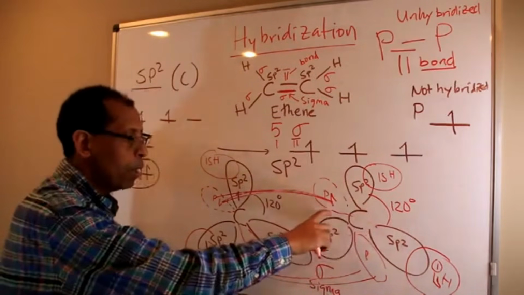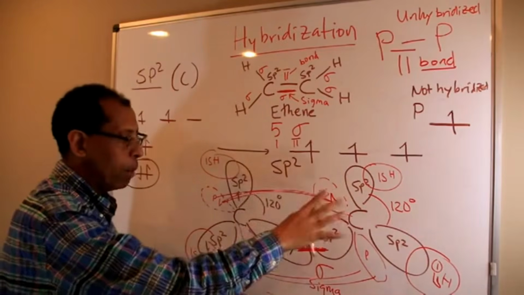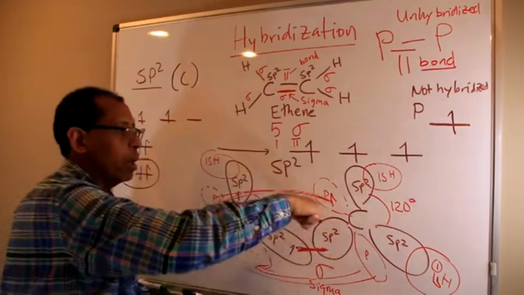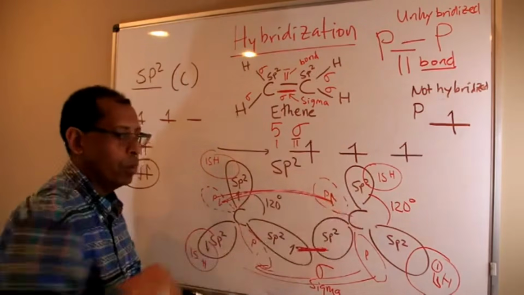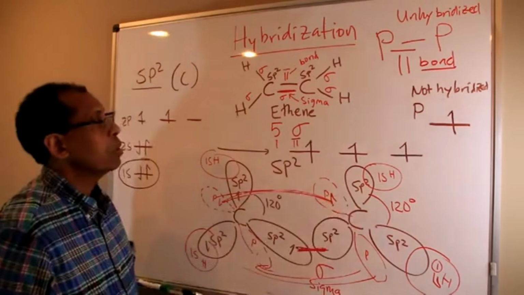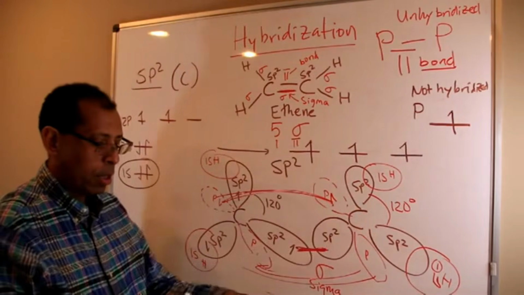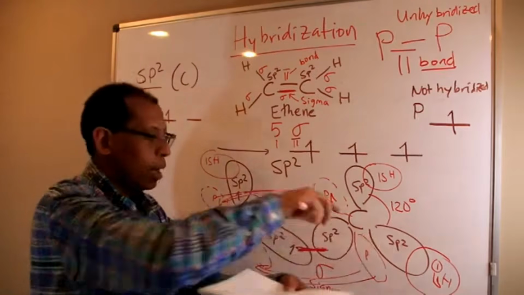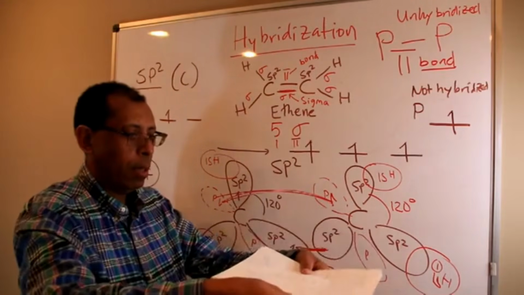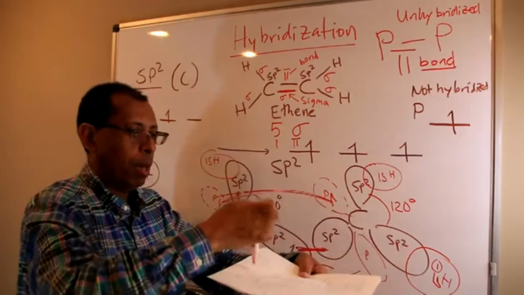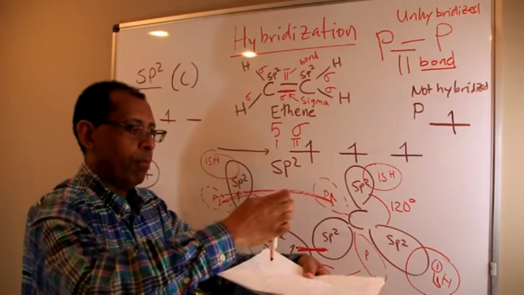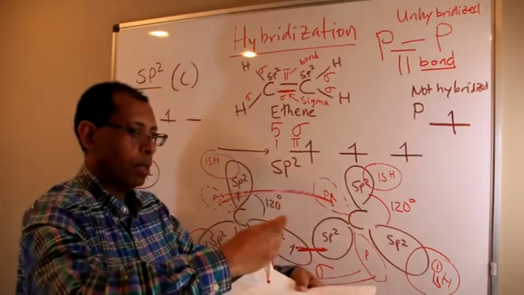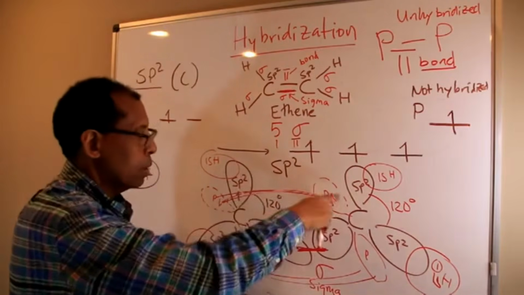But for the pi bond, the p orbital is perpendicular to the surface of the sp2 hybrid orbitals. So if this is a molecule containing carbon, flat like this, the pi bond is made from the p orbitals standing up like this, making that interaction.